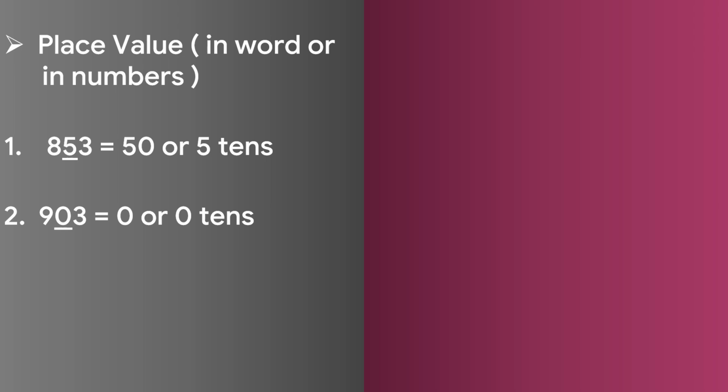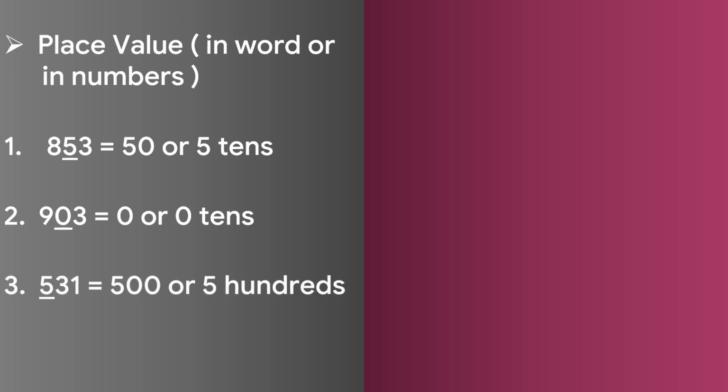If we want to write down the place value in number, then you have to write down 50. If you want to write down the place value of 5 in words, then you have to write down first 5, and at which place 5 lies. So 5 lies on the tens place.